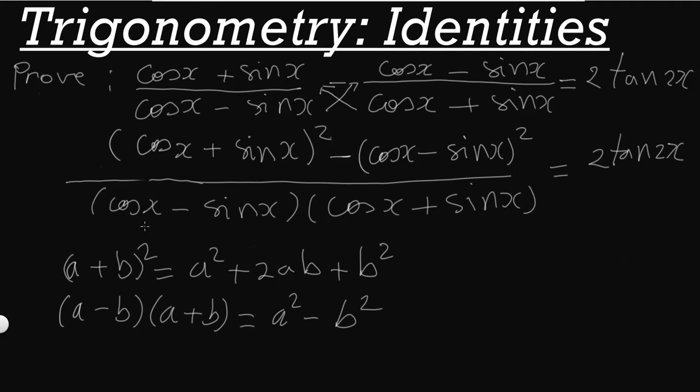Look at this: a is cos, b is sin, we have a minus b and a plus b. So now we'll change all this using the first formula or the second formula.